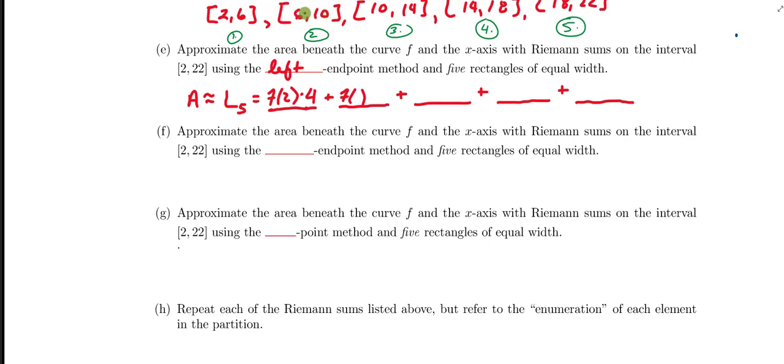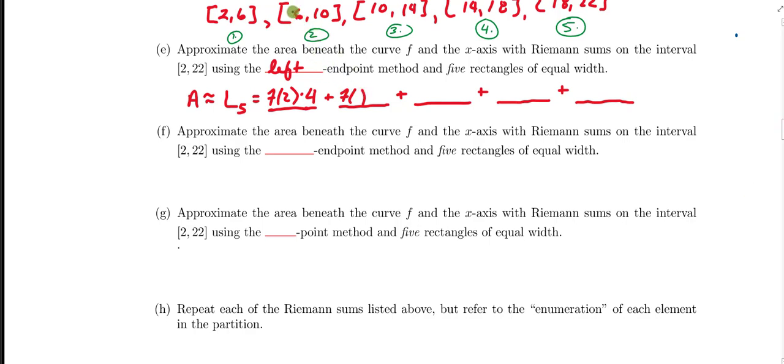I could even use 8, which would be an example of using the midpoint method, but I could actually pick any number inside this interval to use as a representative value of the height of this interval. I could pick, for example, 6.5, or 8.3 as the representative height, and plug it into the function to get the height of a rectangle.